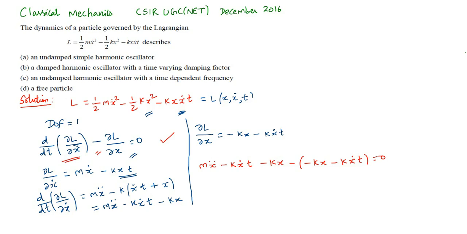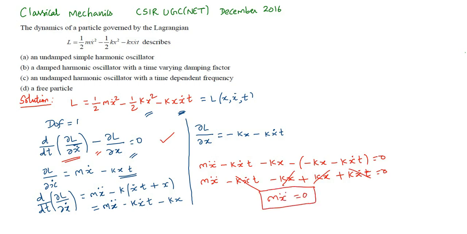Simplifying, minus k x dot t minus k x plus k x and plus k x dot t is equal to 0. These two terms cancel, these two terms cancel, and m x double dot is equal to 0.